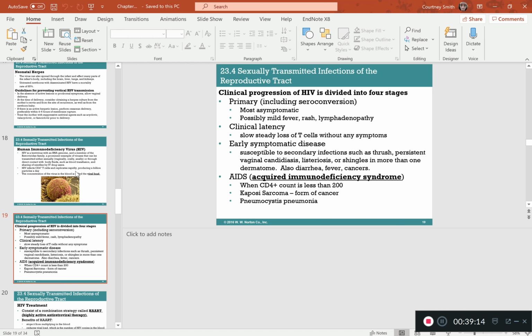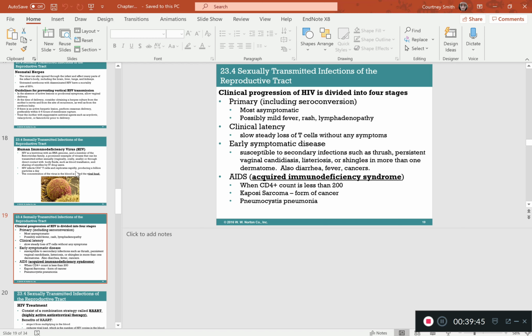And then you have the early symptomatic disease, which is where you're starting to have secondary infections because your CD4 T cell count is getting lower, and that makes you more prone to other infections such as oral thrush, recurring vaginal infections, shingles if a patient has had chickenpox in the past, as well as any other secondary infections.